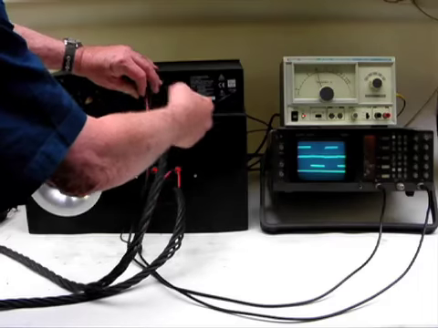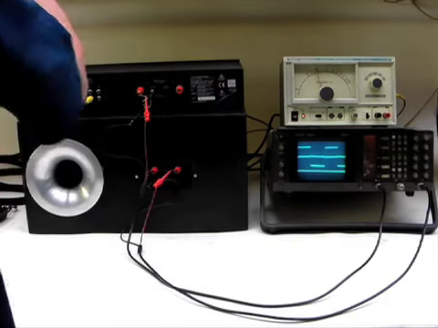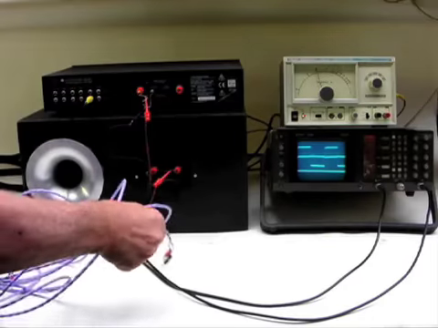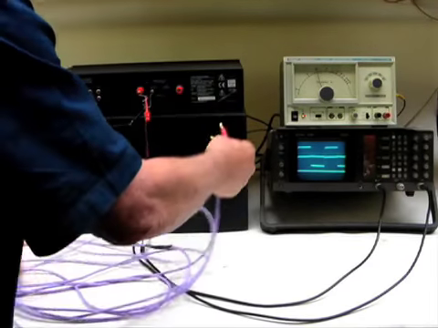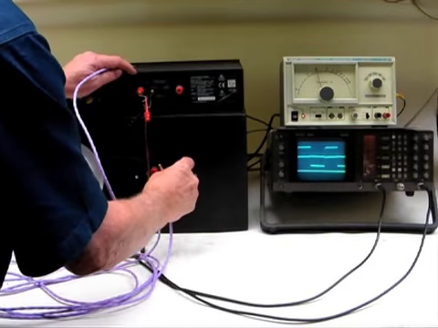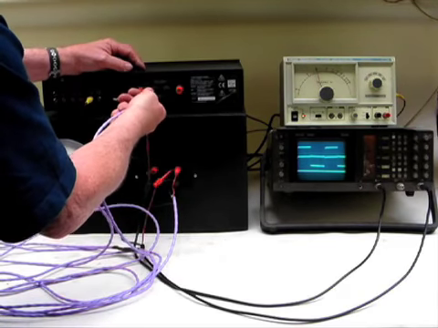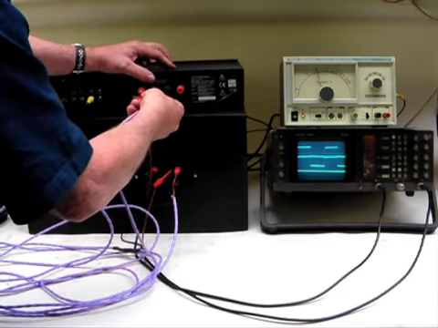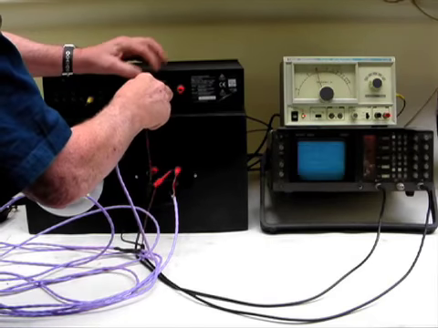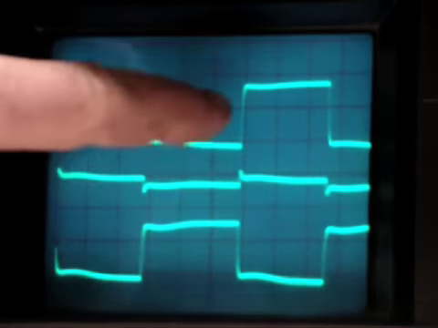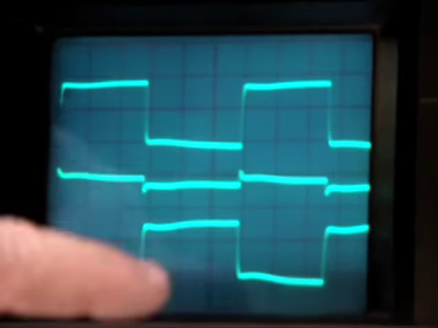And I will now substitute another highly regarded cable. In this instance, it's a purple one, and if we plug that in there, you can see here there's a really large difference between the input and the output.